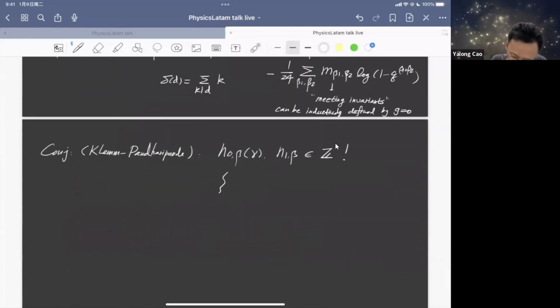A few remarks about these two numbers. The first is that the first integrality is already proved by the work of Ionel and Parker, using symplectic geometry methods.